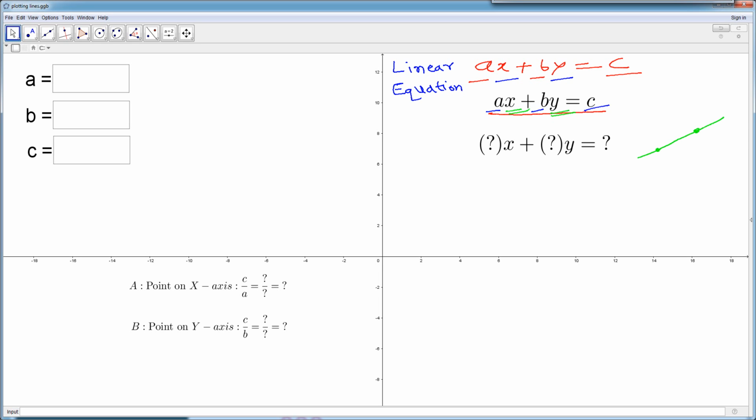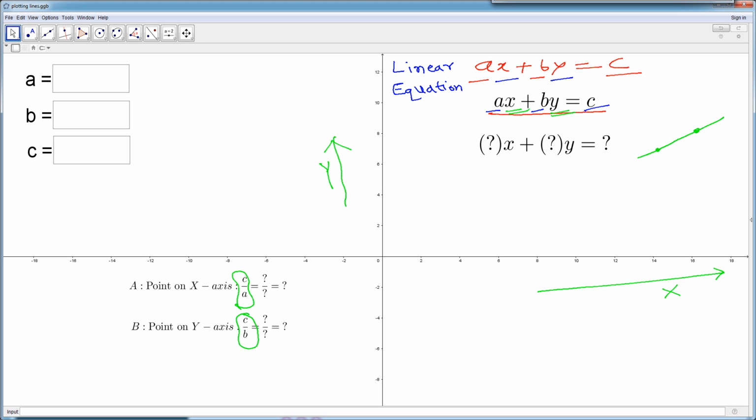So for plotting the line ax plus by is equal to c, we are going to take a point on the x-axis. This horizontal axis is the x-axis, whereas this vertical axis is the y-axis. The point on the x-axis is given by c upon a and the point on the y-axis is given by c upon b.